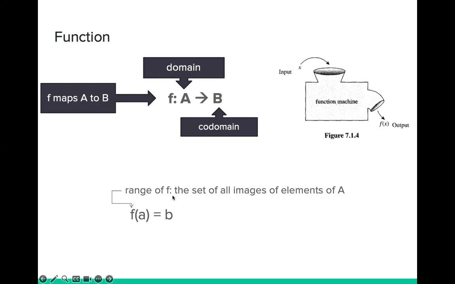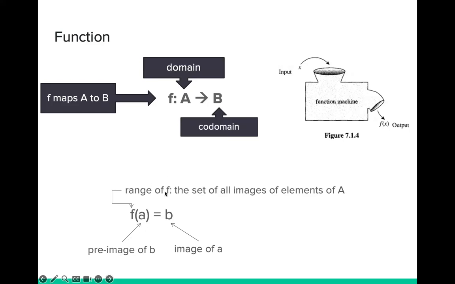What is the range of f? Range of f is the set of all images of elements of A. But what are images of elements of A? A is the input, right? And then it produces an output B. We call B the image of A, and A will be the pre-image of B.